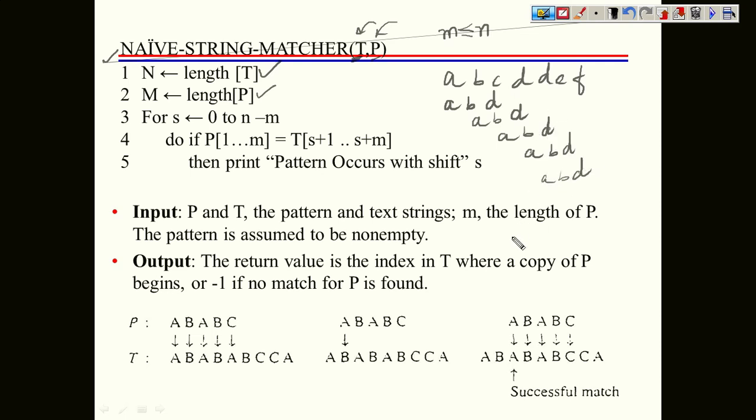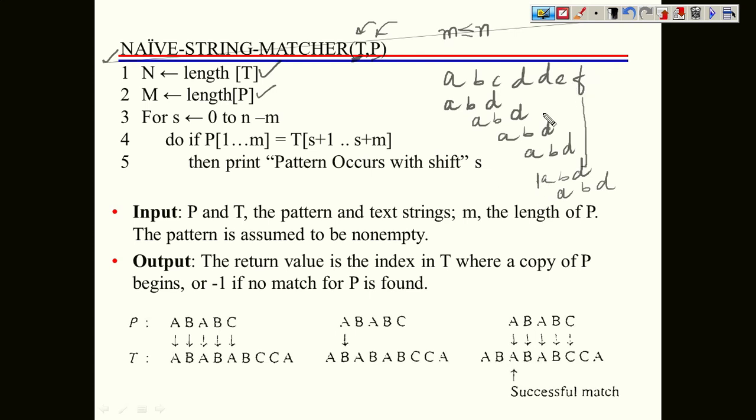Now what you will observe here, when you reach this situation, if you make a shift here, then you will go like this a b d, and your pattern is actually beyond the range of the text. That means you have to make up to this much shift.